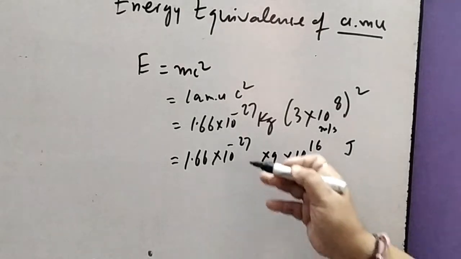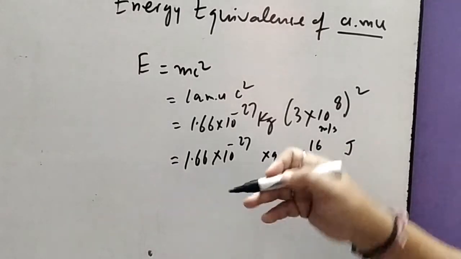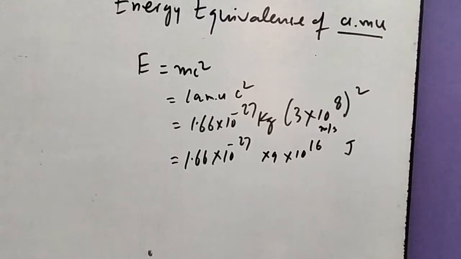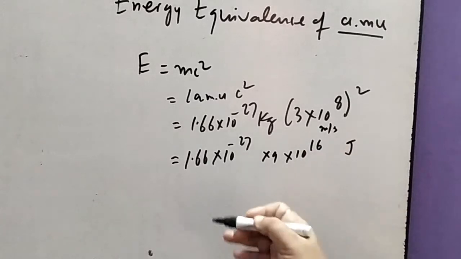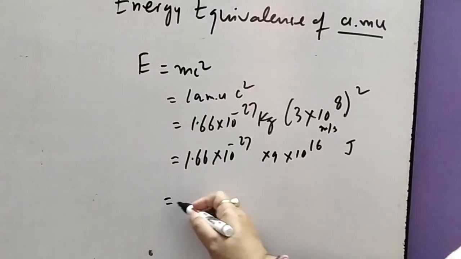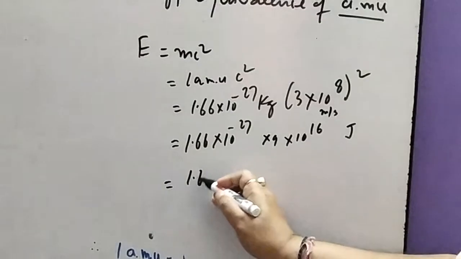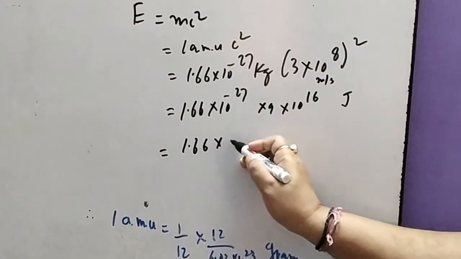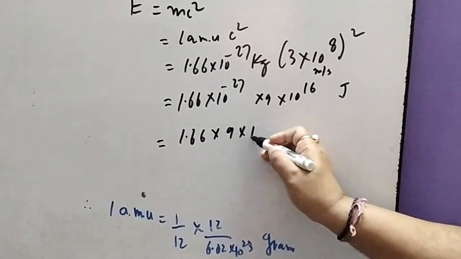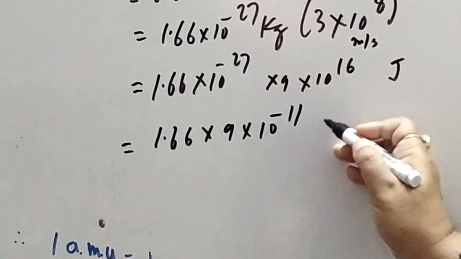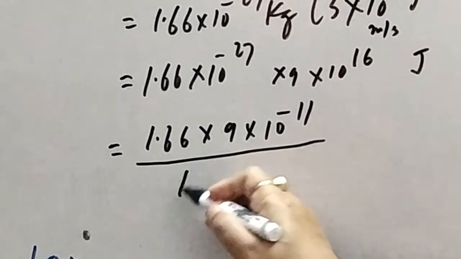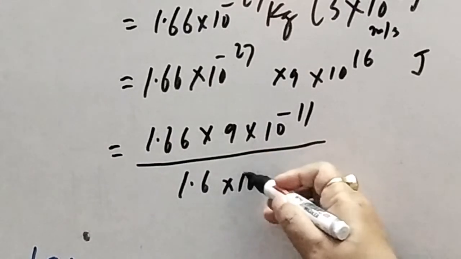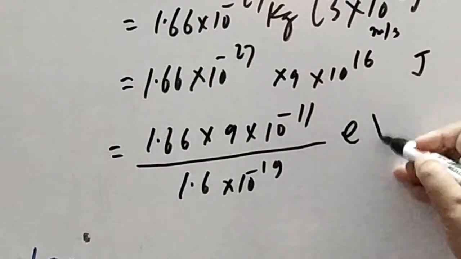Once this is in joule, we have to convert it into electron volt. We do this by dividing by the electronic charge: 1.66 into 9 into 10 to the power minus 11, whole divided by 1.6 into 10 to the power minus 19 electron volt.